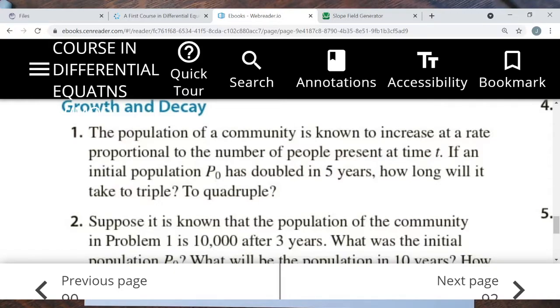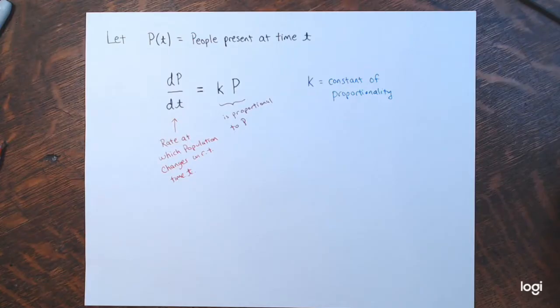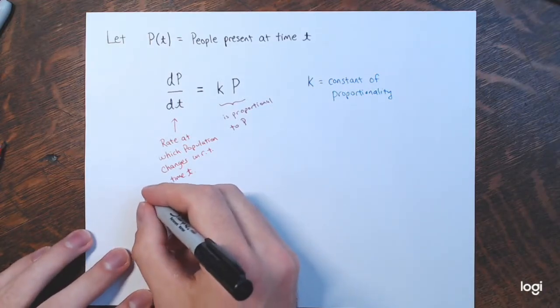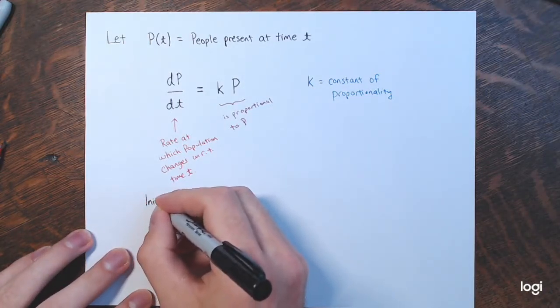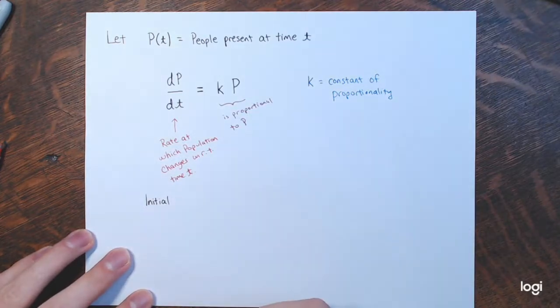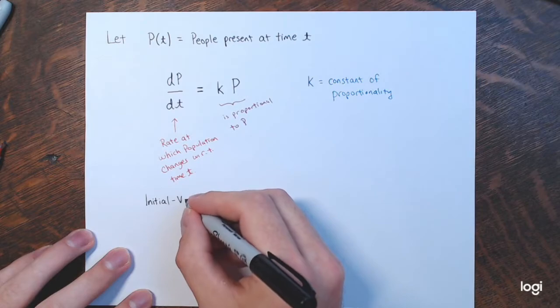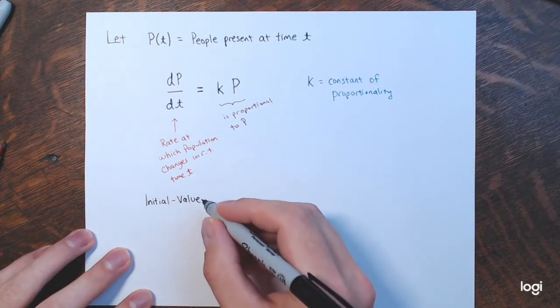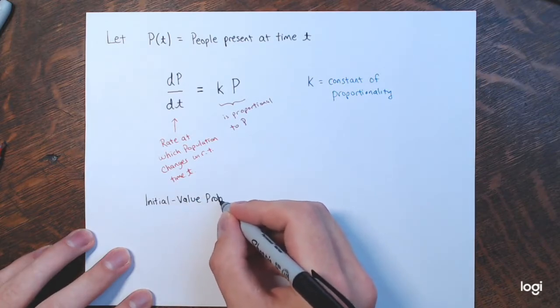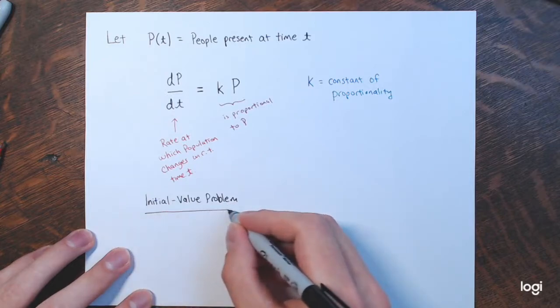So we have an initial condition, which turns this into an initial value problem, IVP.